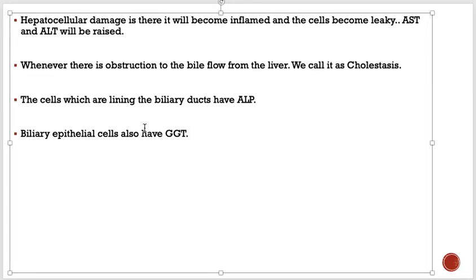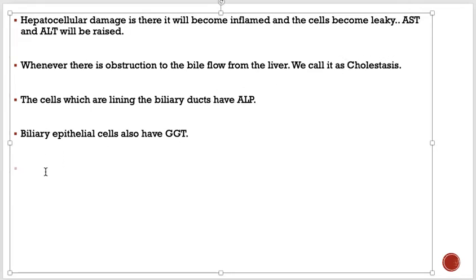So guys, see, when hepatocellular damage is there, ALT and AST will be raised. But whenever obstruction to the bile flow is there, we call it cholestasis or cholestatic pattern.